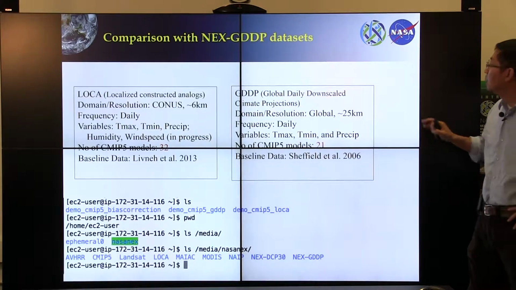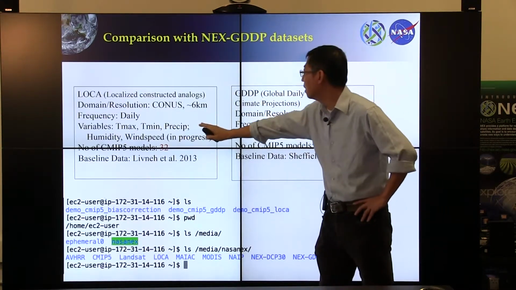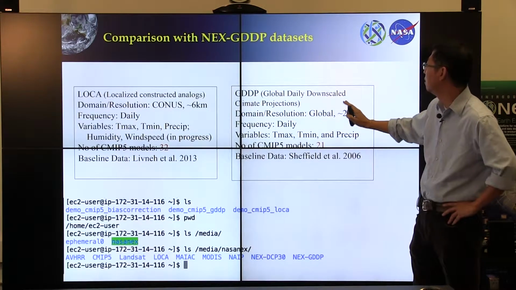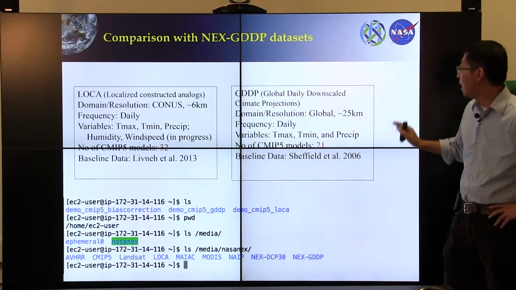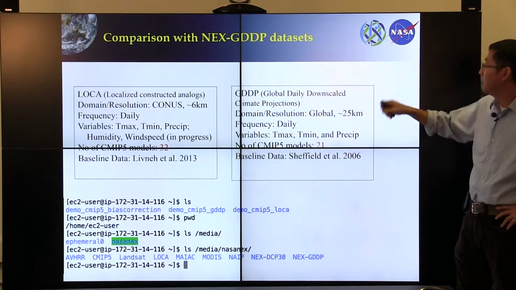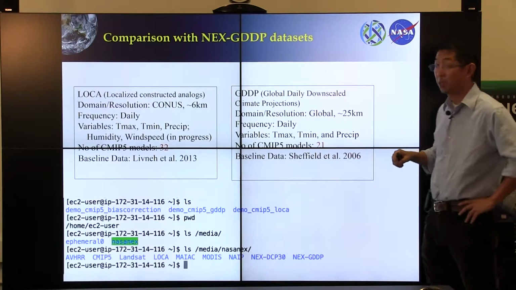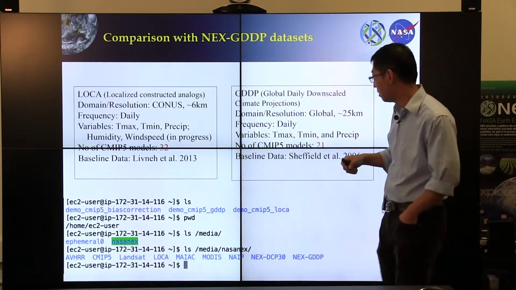Now, I just mentioned we have multiple data sets, not just LOCA. We also have another data set called Global Daily Downscaled Climate Projections, called GDDP. We have both of them on AWS or on any other NEX platforms, so you can also do a quick comparison.